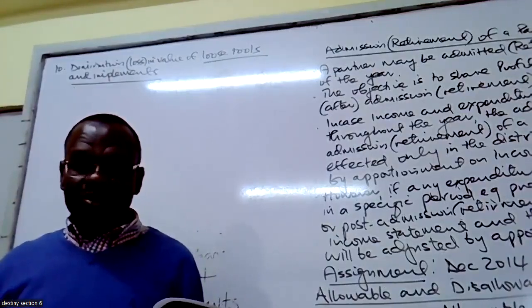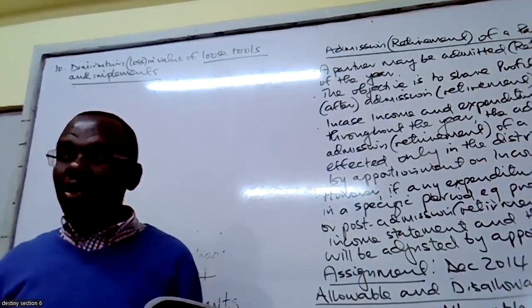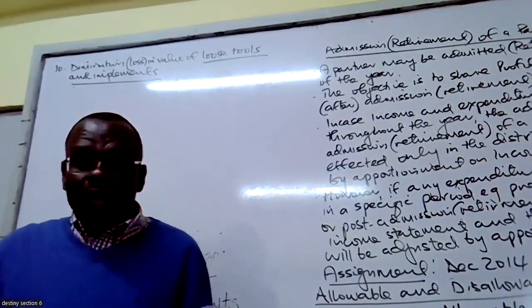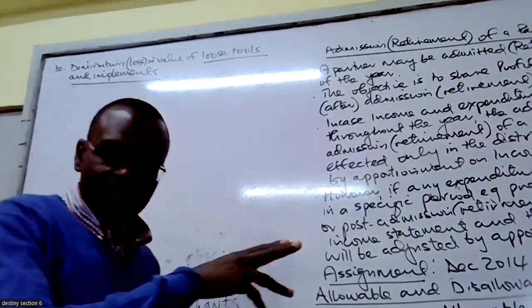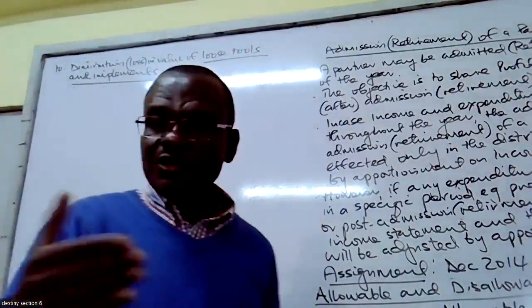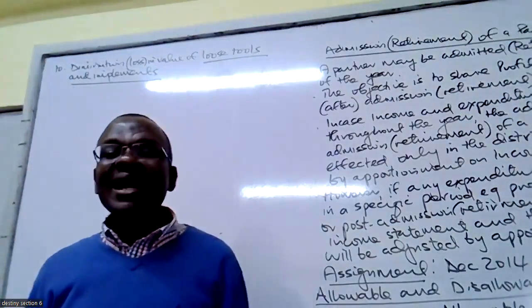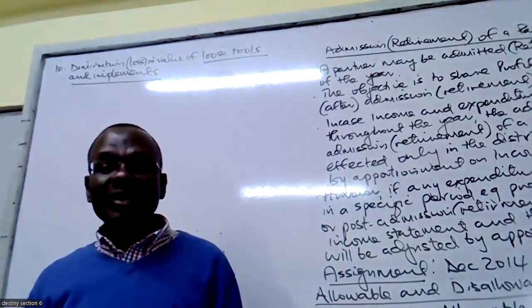AMREF also carries out research, or Moi University, or Egerton University, or JKUAT. JKUAT does a lot of research, especially agriculture related.